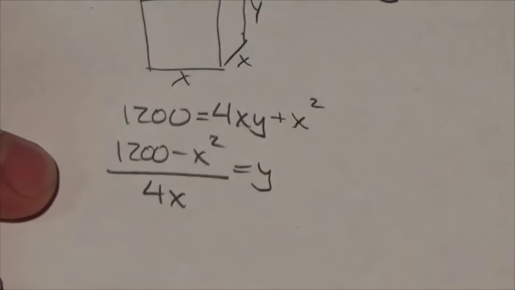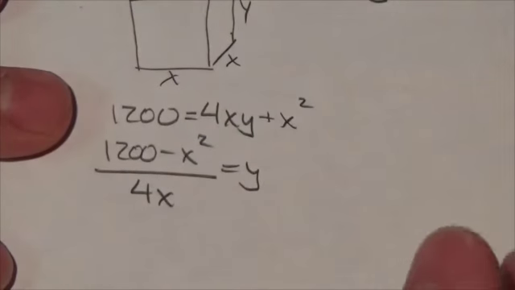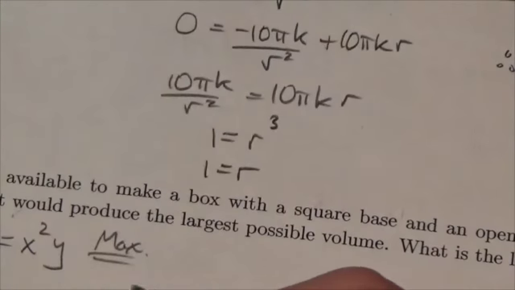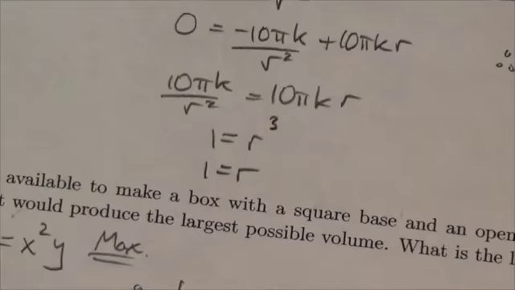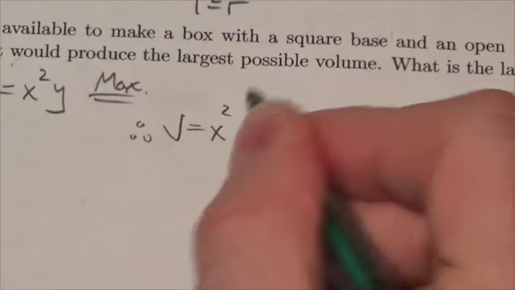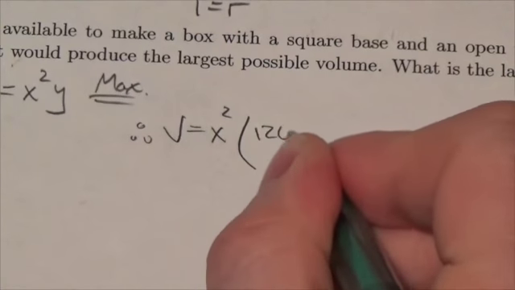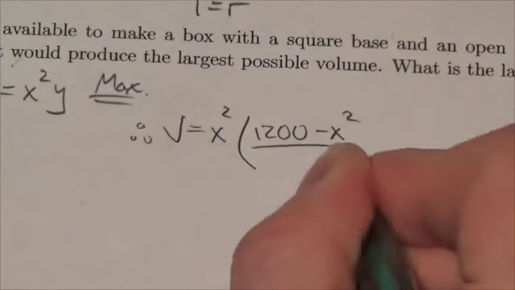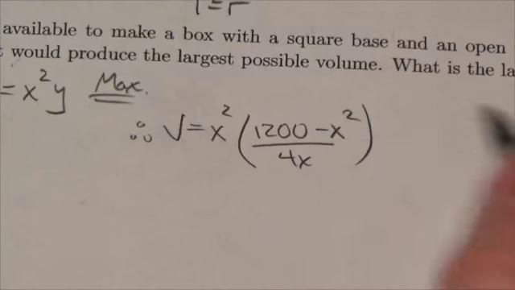That's about the most direct substitution I'm going to get. That'll be all in terms of one variable. So now volume is equal to x squared y, which will be 1200 minus x squared all over 4x.